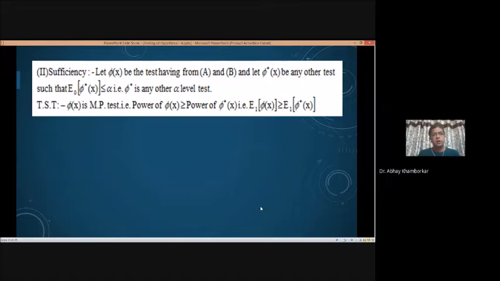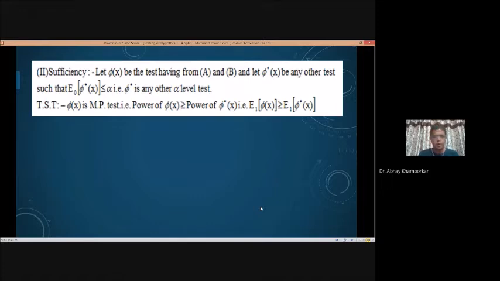And we wanted to prove that the test phi, which is satisfying condition A and condition B, is most powerful test. So अगर मुझे प्रूव करना है कि टेस्ट phi most powerful है, then to prove that particular part, we have to consider any other alpha level test.